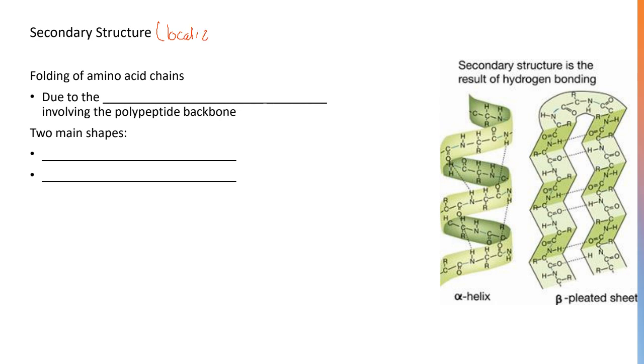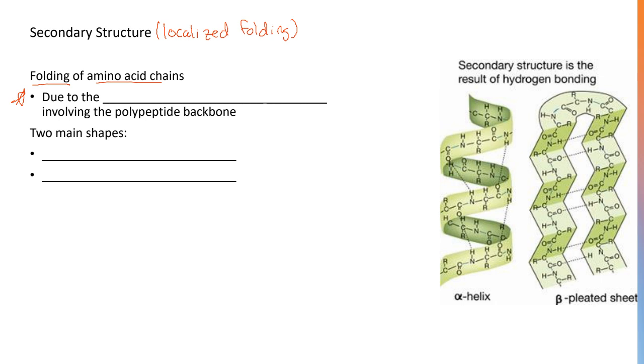It's based on localized folding, in other words, folding in small parts of the huge polypeptide. However, still, the secondary structure is based on the folding of amino acid chains. And the secondary structure is pretty much based on hydrogen bonds.